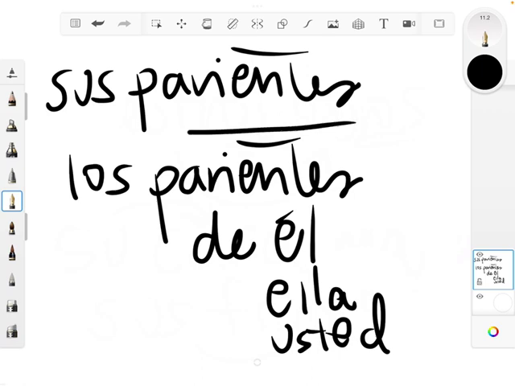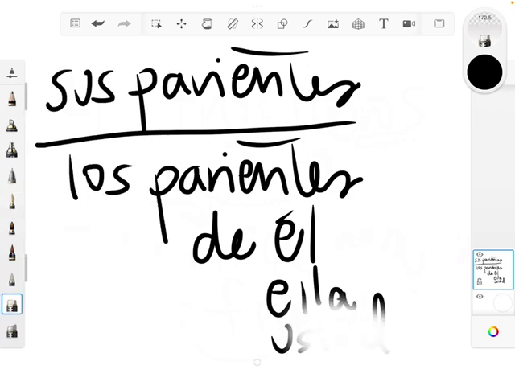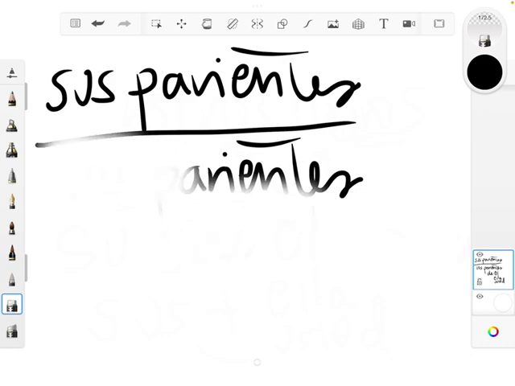But sus parientes is perfectly grammatically fine. If there's a necessity for providing that extra information to avoid confusion, that's when you would use a structure like that.